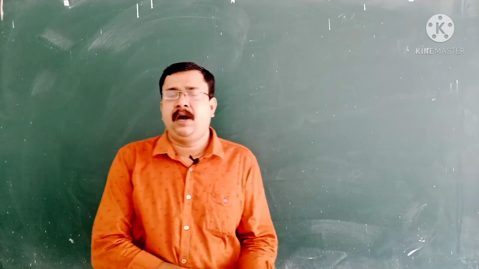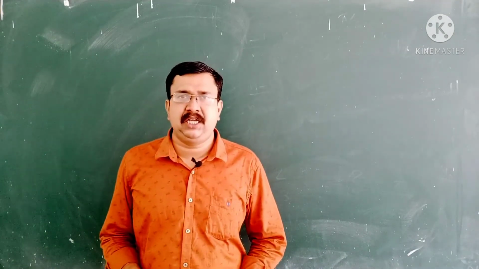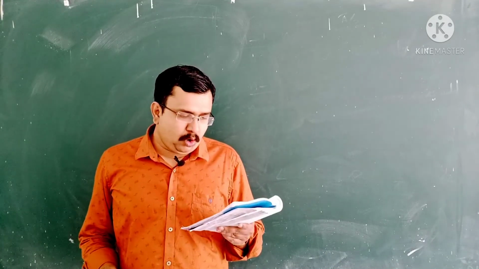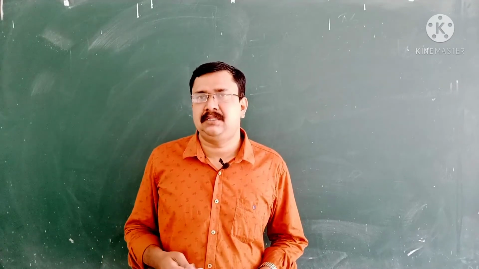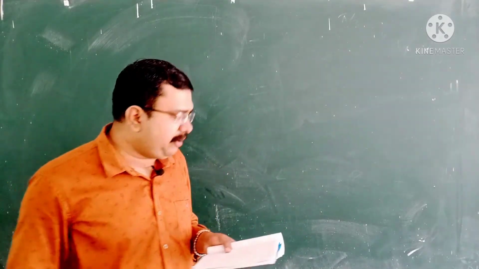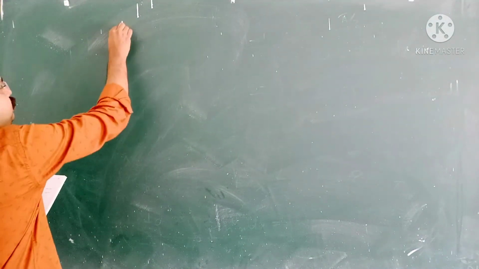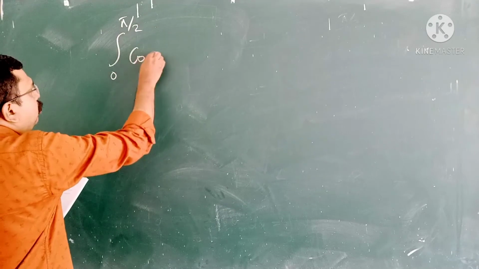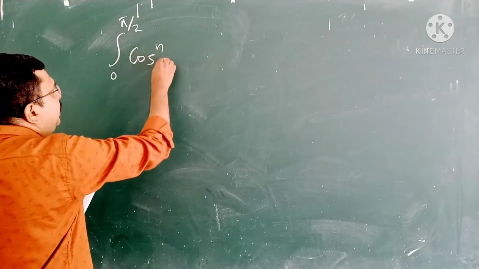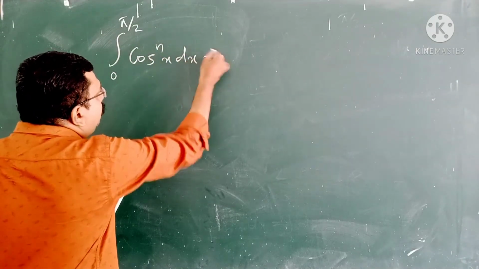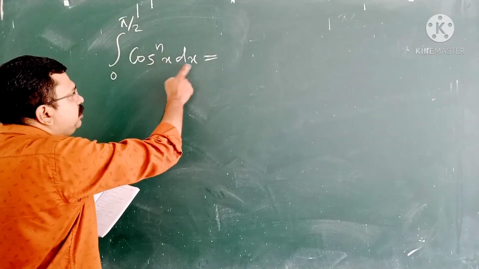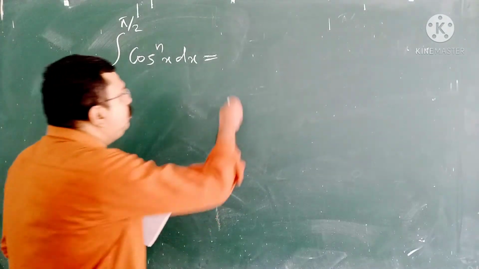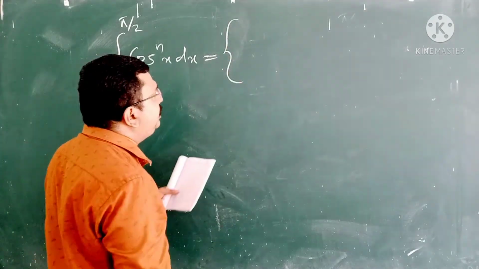Dear students, now we are moving to another section, that is the reduction formula for the integral of cos raised to nx dx. The same procedure as sin raised to nx dx. The reduction formula for the integral from 0 to pi by 2 of cos raised to nx dx is equal to: here also two conditions are there.